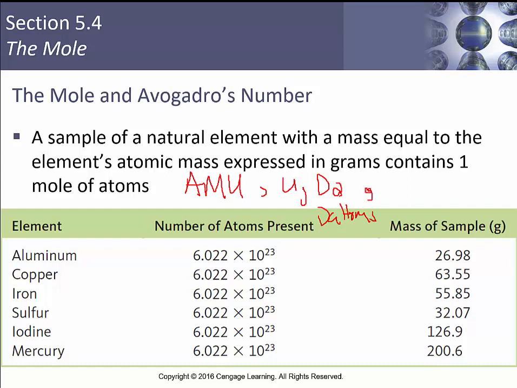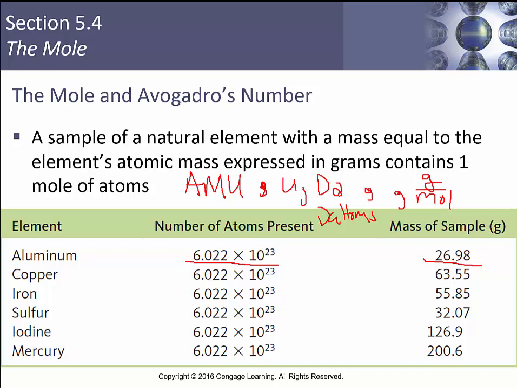It means that practically speaking, because 1 mole of carbon-12 has 12 atomic mass units and weighs 12 grams, it's also going to have units of grams per mole. So 6.022 times 10 to the 23rd atoms of aluminum will weigh 26.98 grams, which means that the atomic mass of aluminum is 26.98 Daltons, or 26.98 grams per mole.